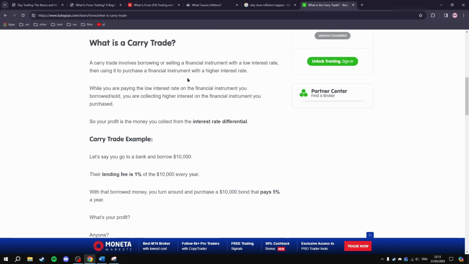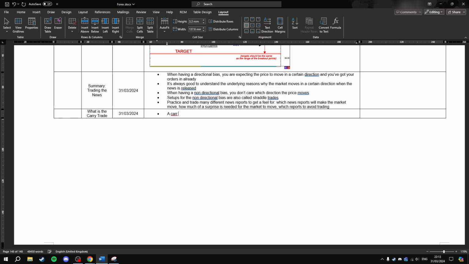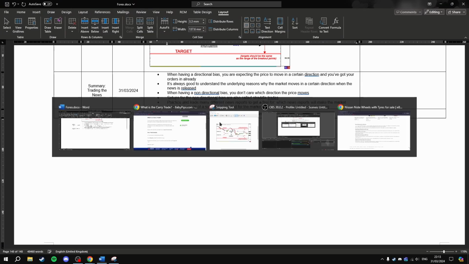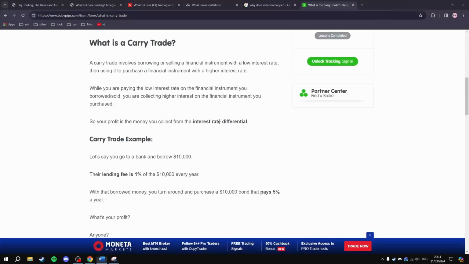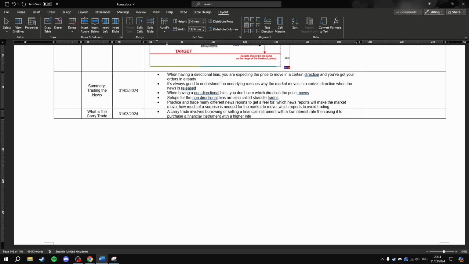A carry trade involves borrowing or selling a financial instrument with a low interest rate, then using it to purchase a financial instrument with a higher interest rate.